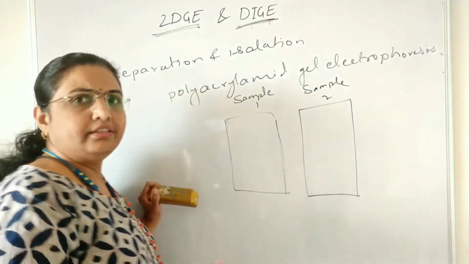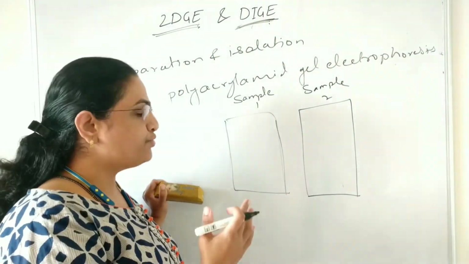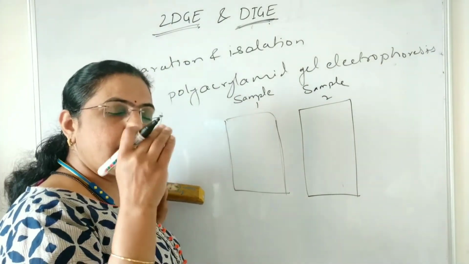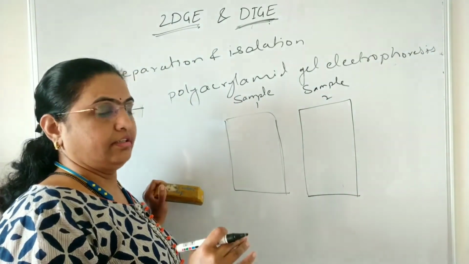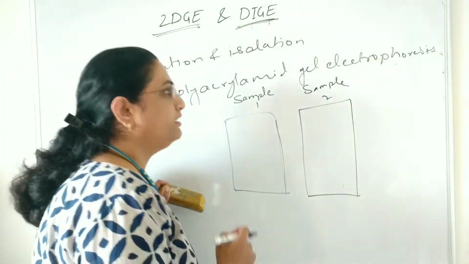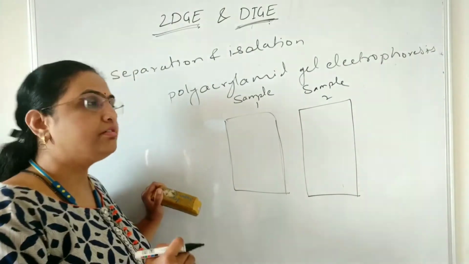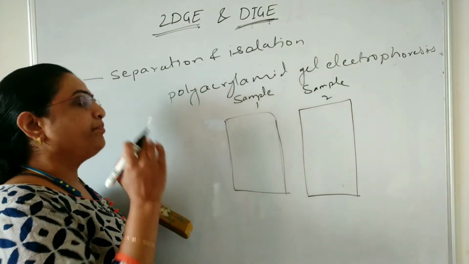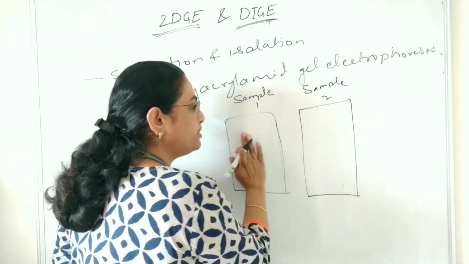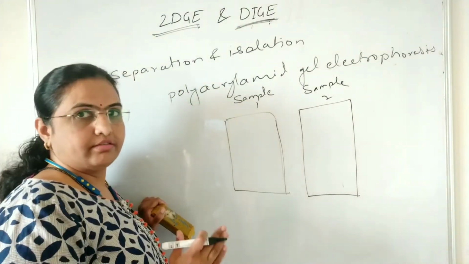But when you are running two gels, what is the problem? The experimental conditions are going to vary. Though you are perfect, small experimental errors are going to be there. So when you compare two gels, you are not getting exact results.